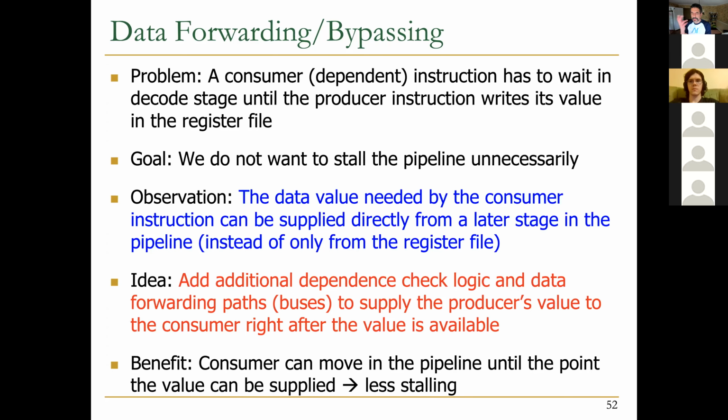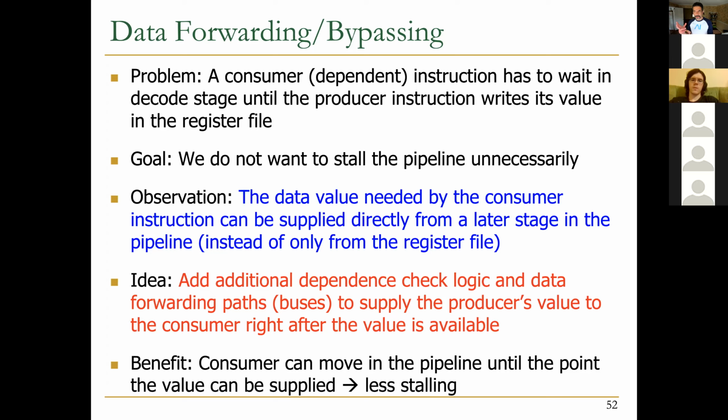And as a result, we get less stalling, as you can guess, because as long as we are able to forward any value that is already out there to the instruction that needs this value, we are good to go. So as a result, we need less stalling.